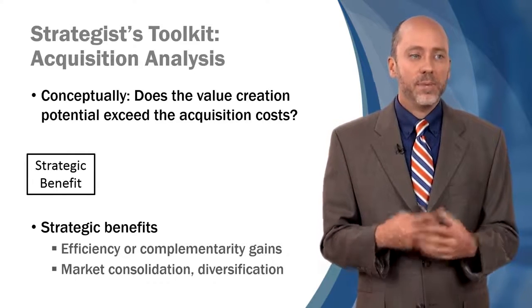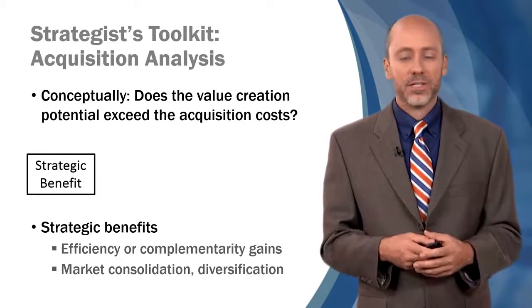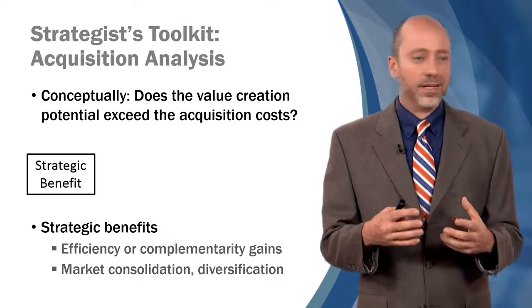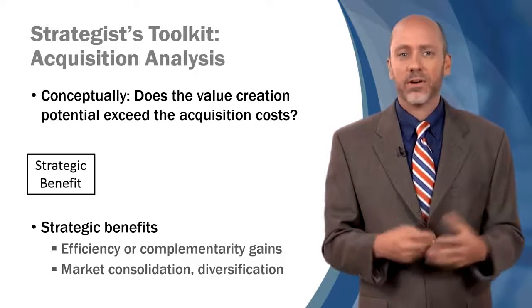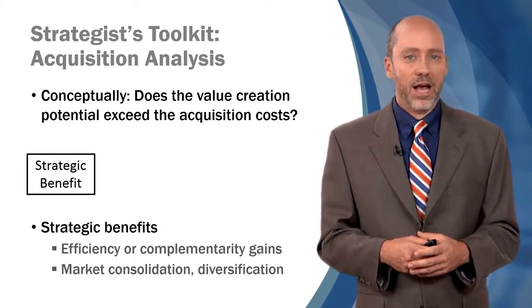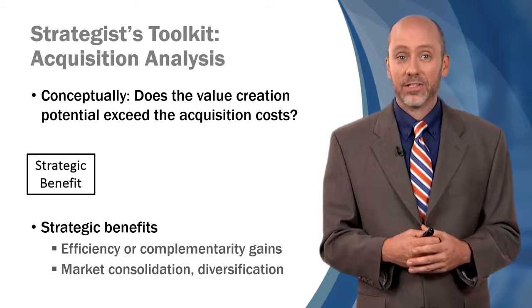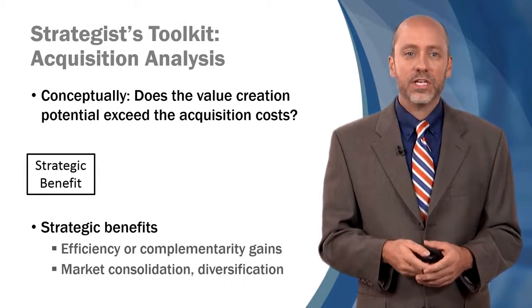And if they have businesses in all of those different geographic markets, then they're able to hedge against market downturns and upturns or currency risk or things like that. So this is a start towards thinking about how we might consider an acquisition analysis to be an equation. And this first piece of the equation is the strategic benefit.